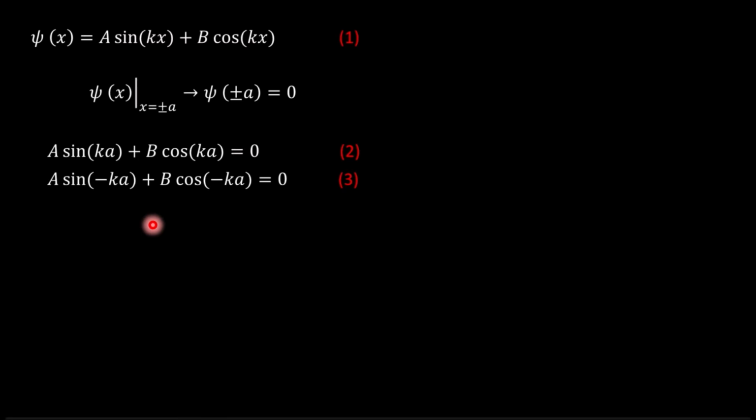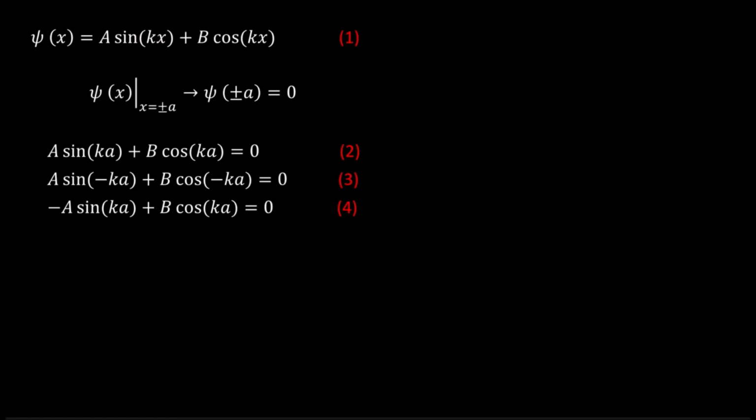Since sin minus x is minus sin x and cos minus x is cos x itself, we can write equation 3 as minus A sin ka plus B cos ka equal to 0.